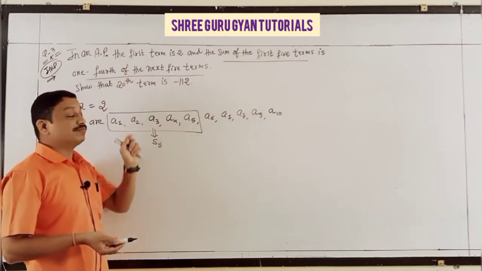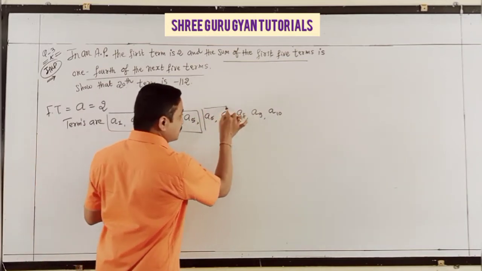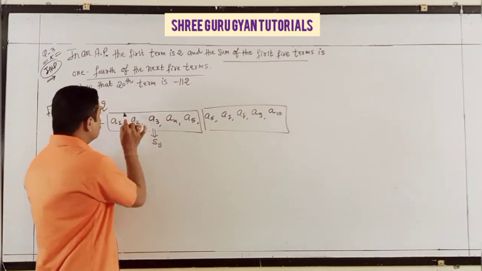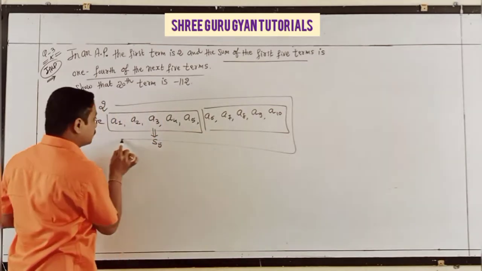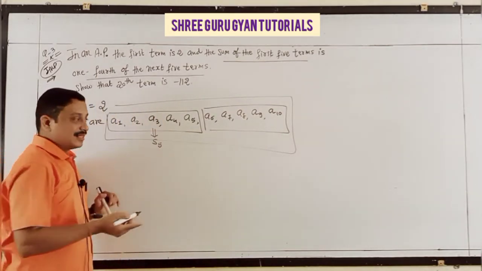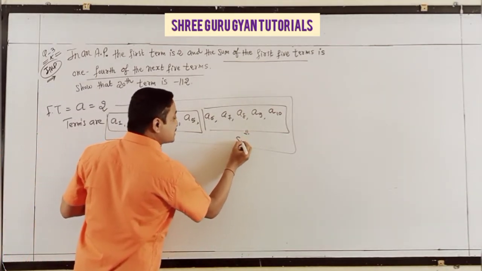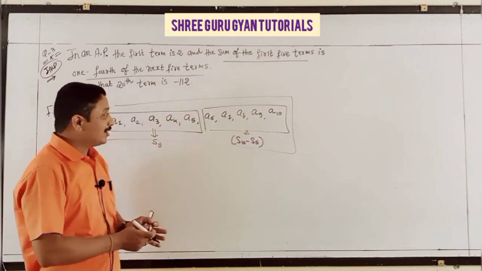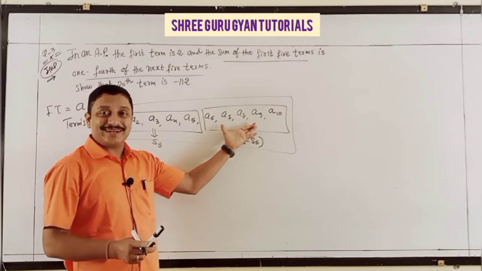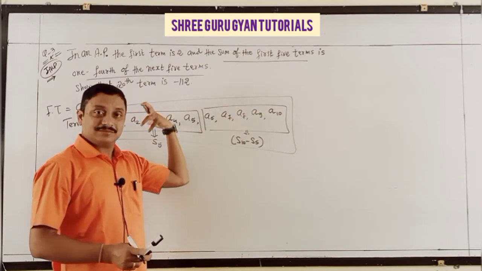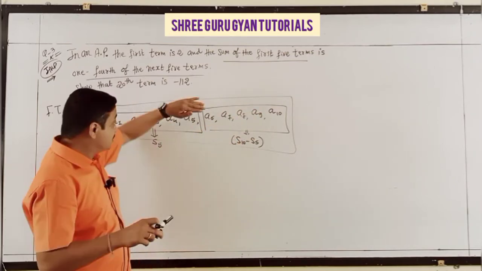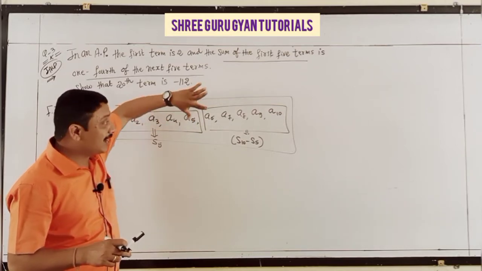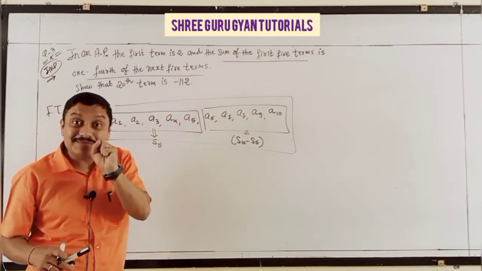For the last 5 terms, I take the total summation minus this, that is S10 minus S5. This is the summation of A6 to A10, meaning S10 minus this portion gives the last 5 term summation.